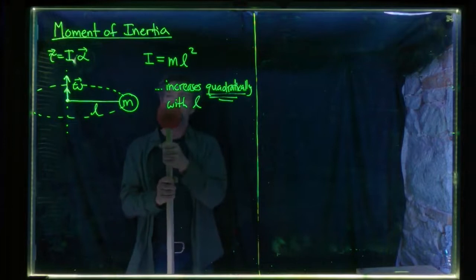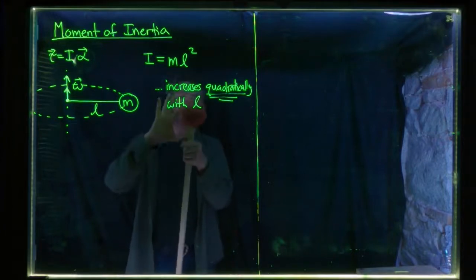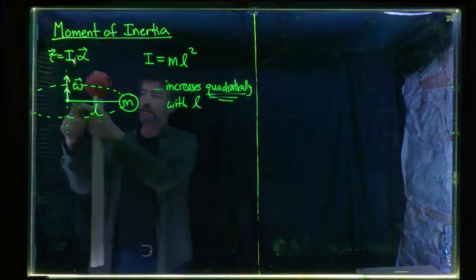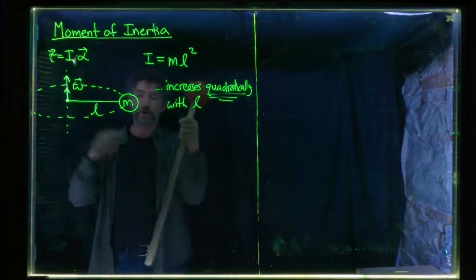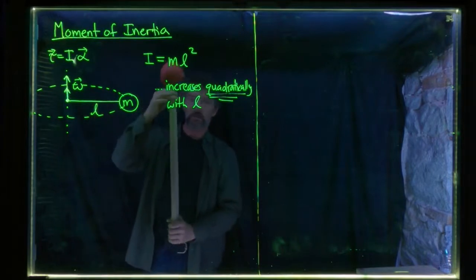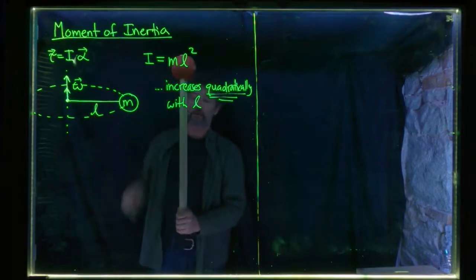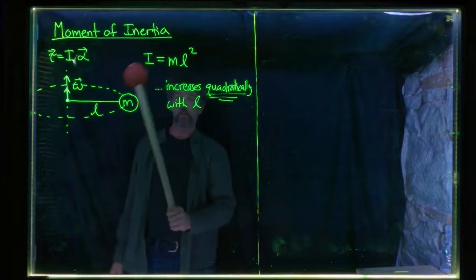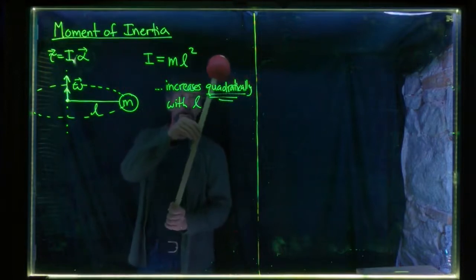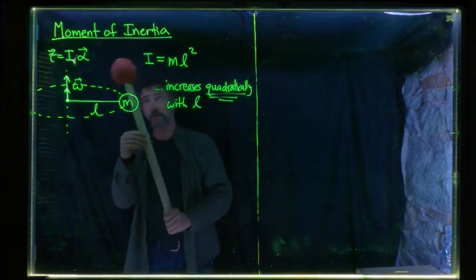Okay. However, that's with a small L. If I were to make L larger, so make this massless rod longer, in other words, move my axis of rotation further away from the mass, then when you actually do this, you can feel it. It's way harder to introduce an angular acceleration, pick up angular velocity, then decrease, then increase, then decrease.